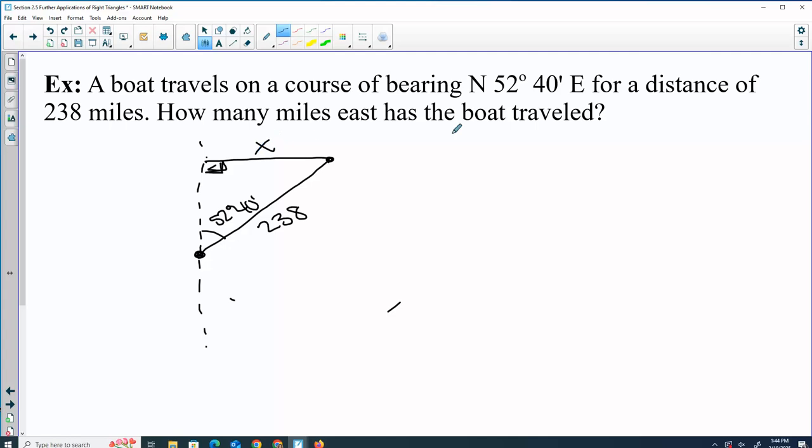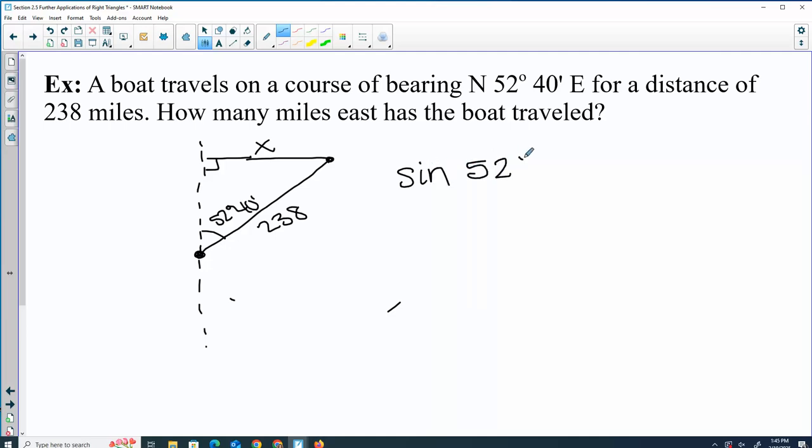And we're looking for this side. So that's opposite and hypotenuse. Sine.